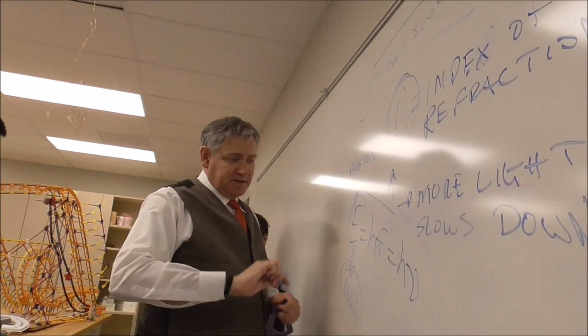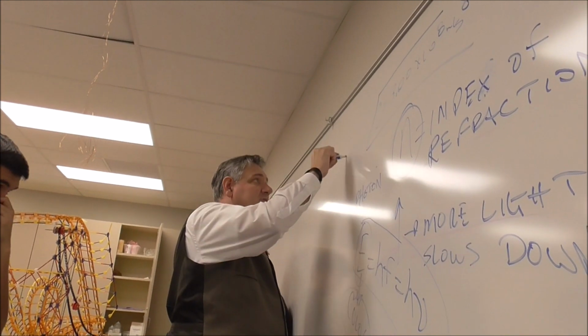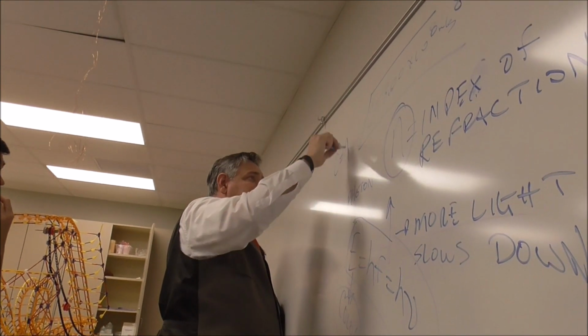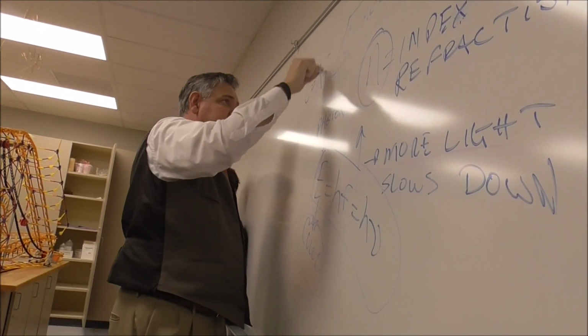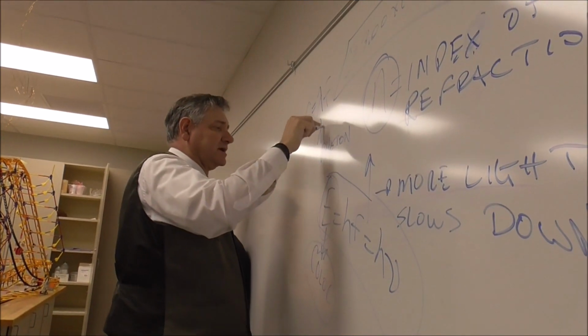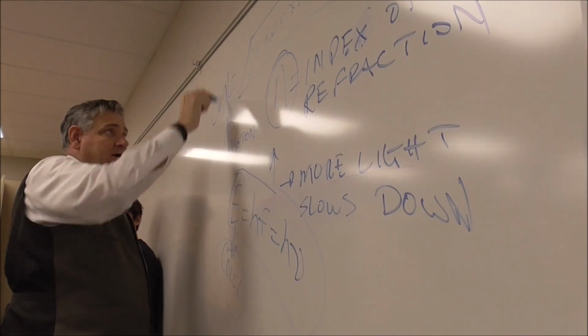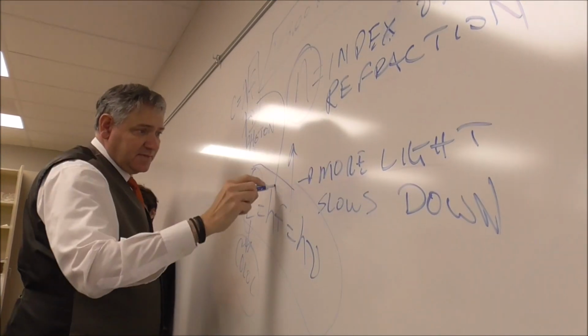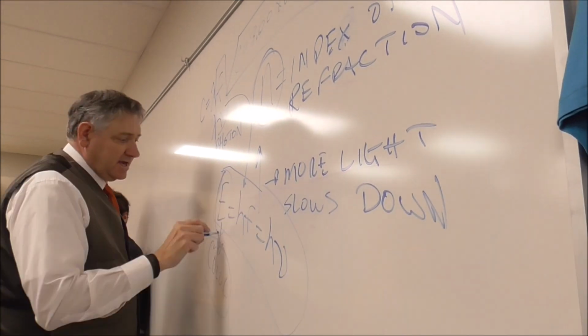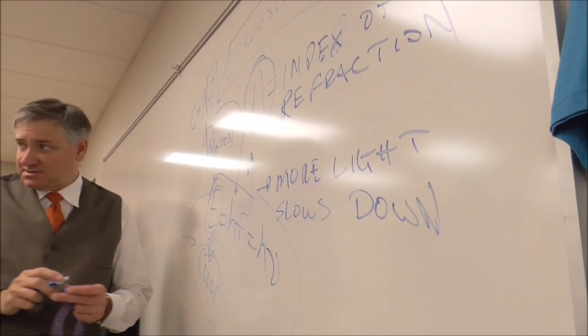So what that tells me is that if you look at c equals the speed of light times frequency, or lambda nu, whatever the case may be, it's the frequency that determines the energy, and it's the energy that determines the color.